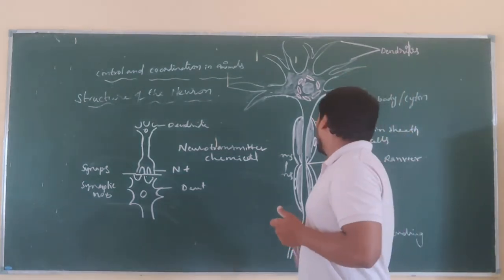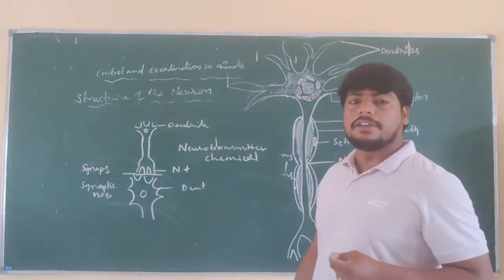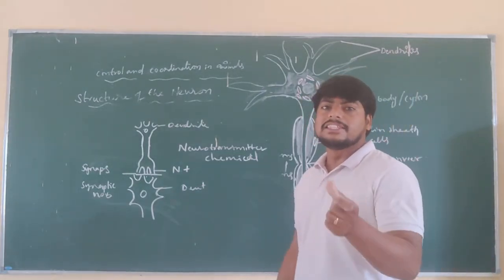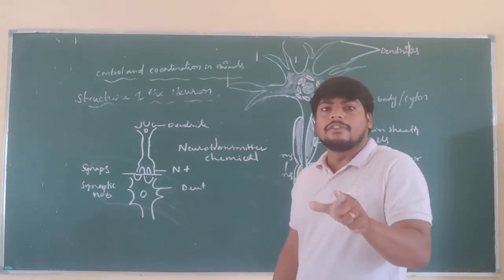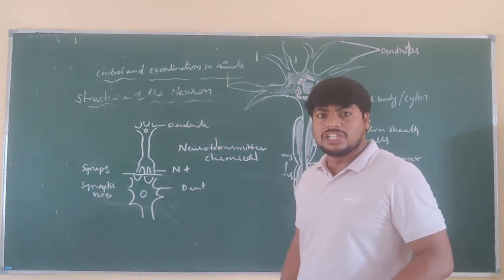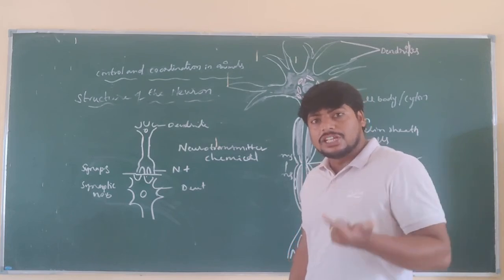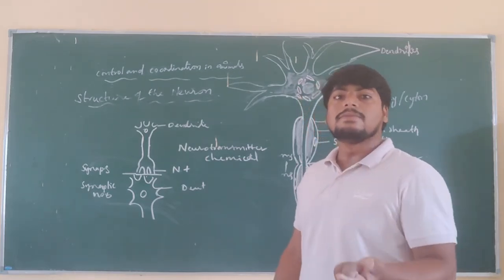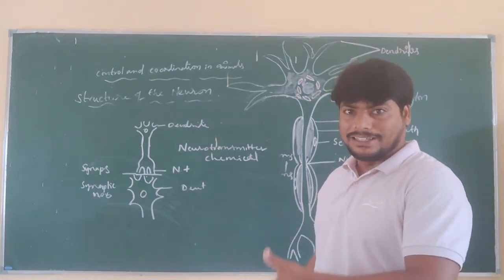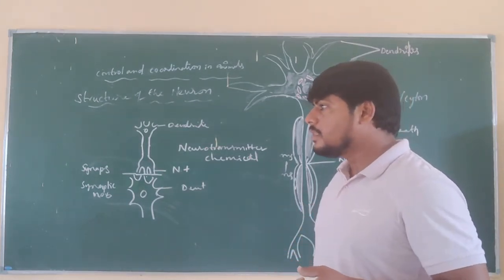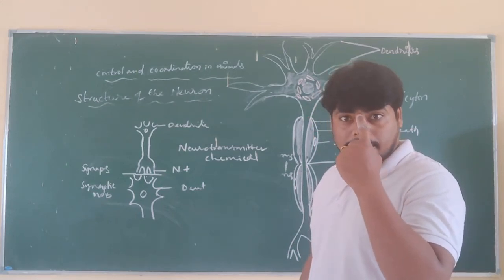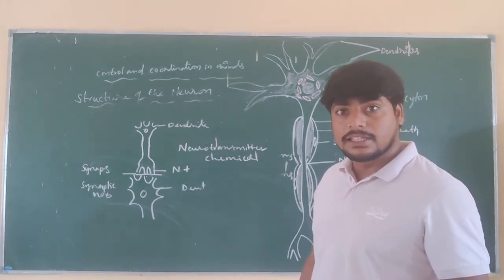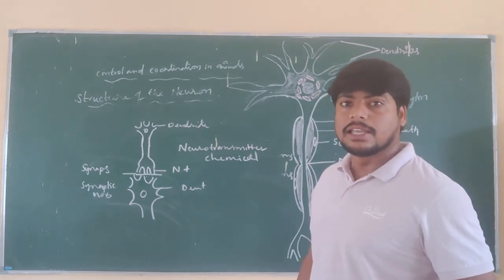Next, another long tubular structure called the axon, which is formed from the cyton, and it is covered by a protecting layer called myelin sheath. And this myelin sheath is formed from the Schwann cells. What is the importance of Schwann cells? They help in formation of a protecting layer, that is myelin sheath. Based on whether the myelin sheath is present or not, nerve cells are myelinated or non-myelinated.